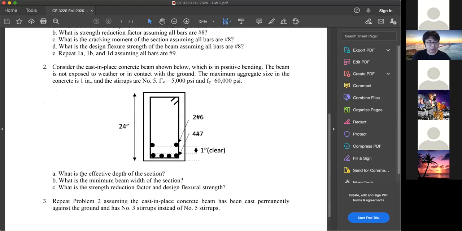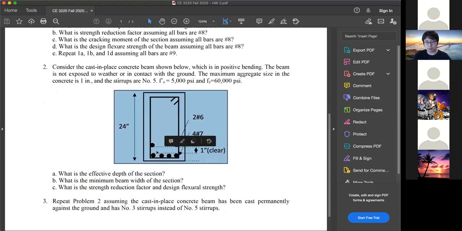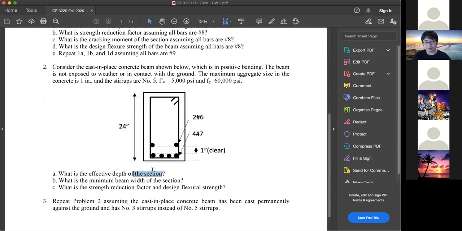All right. So what is the effective depth of the section? You need to find the center of all these groups of bars and then find the effective depth. This is trivial. Now, like I said, the minimum beam width of the section. Once you determine the beam width, you can use table A5 to check your number. Your number should be close to the required number from A5, by half an inch.